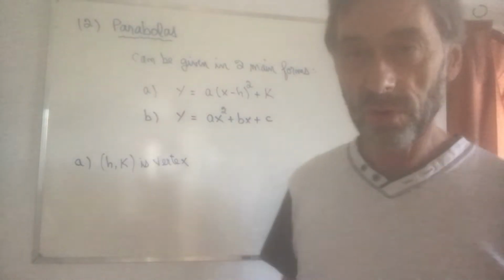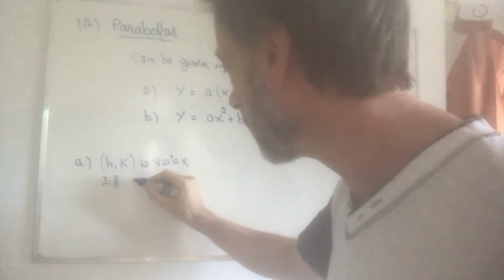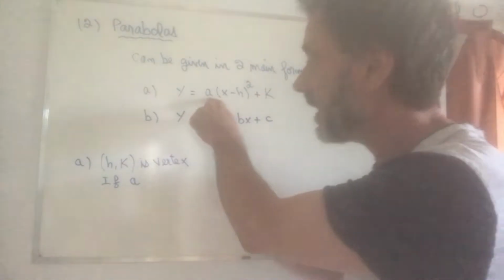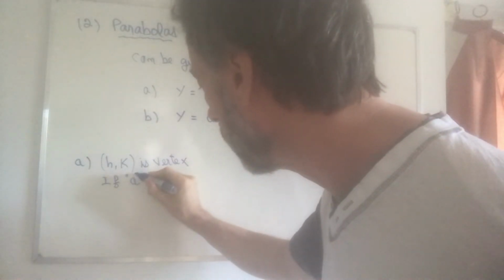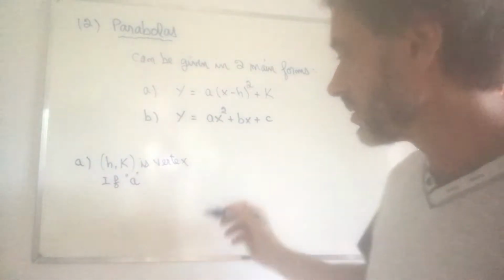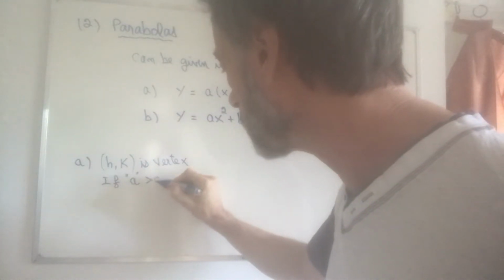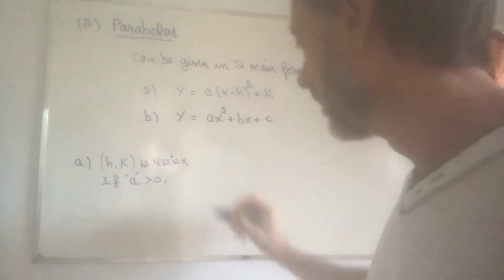Furthermore, what do we know? We also know, and you probably remember this as well, that a, being what's in front of the bracket, if the a in front of the bracket is positive, then the parabola is oriented in which way? Upwards, right?